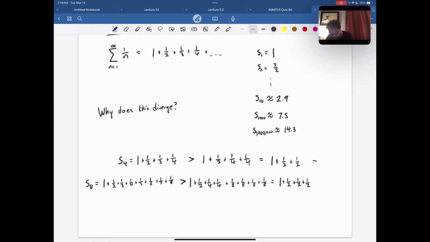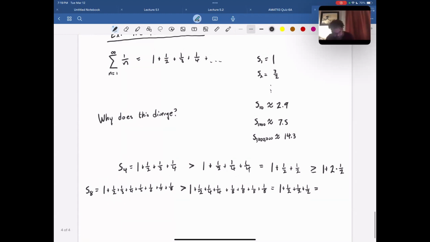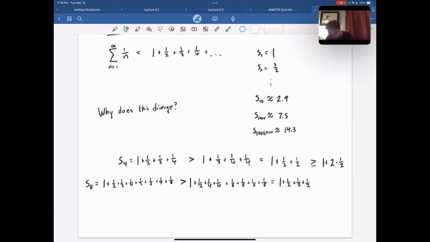So our S4 is really equal to 1 plus 2 times 1/2. S4 is going to be greater than 1 plus 2 times 1/2. S8 is going to be greater than 1 plus 3 times 1/2.